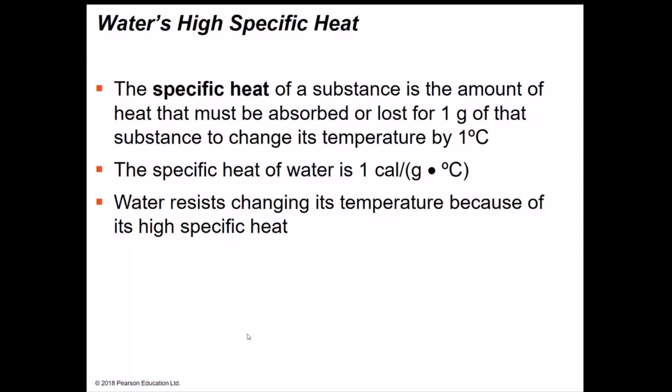And here, if you check the formula, it says the specific heat of water is 1 calorie per gram per degree Celsius. We state here that this will be per gram of that substance, which is changed by 1 degree Celsius.